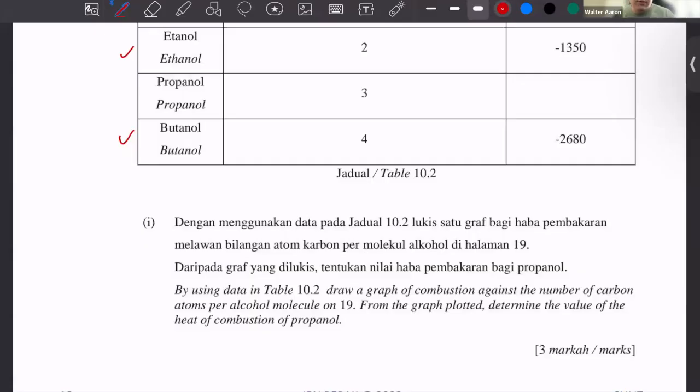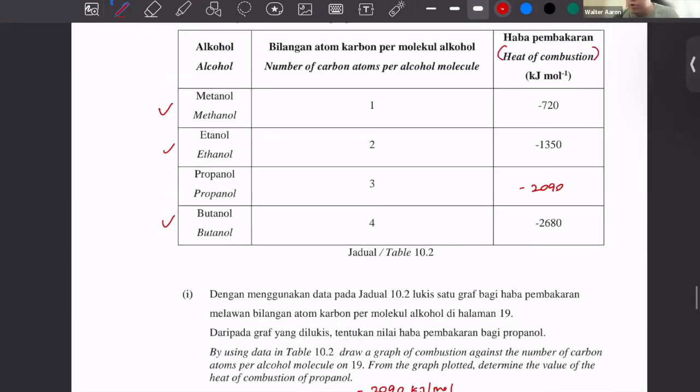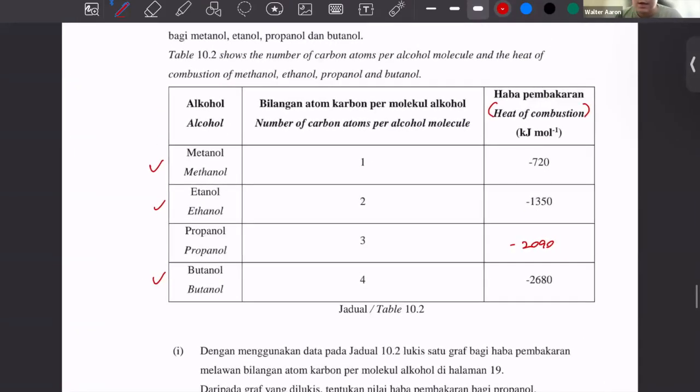After looking for the answer, you're supposed to not erase the line, let the blue line remain there so that the examiner can see how you get your answer. So the answer is supposed to be 2090 kilojoules per mole according to this. But it all depends on how you draw your graph and how you get the answer. Once the examiner sees it's correct, you're supposed to get the correct marks for that.